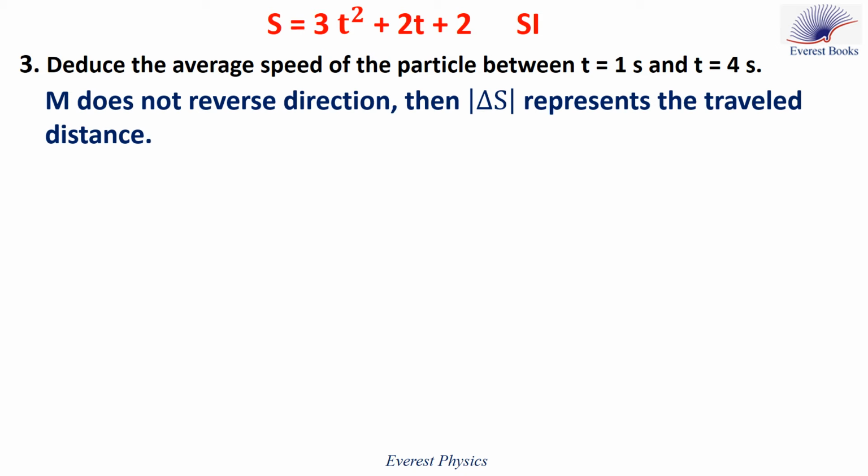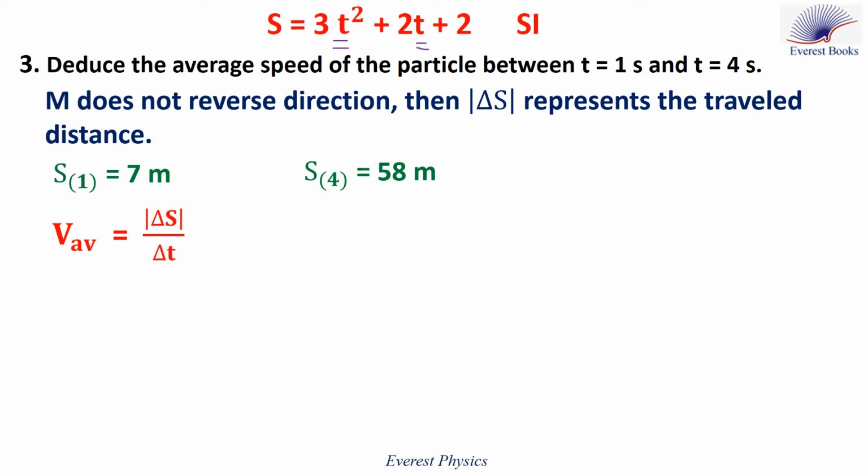Now, replace t by 1 second in the expression of s. Then s of 1 equals 7 meters. Again, replace t in the expression of s by 4 seconds. Then s of 4 equals 58 meters. Now we are ready to calculate the average speed, which is given by dividing the traveled distance over the time.